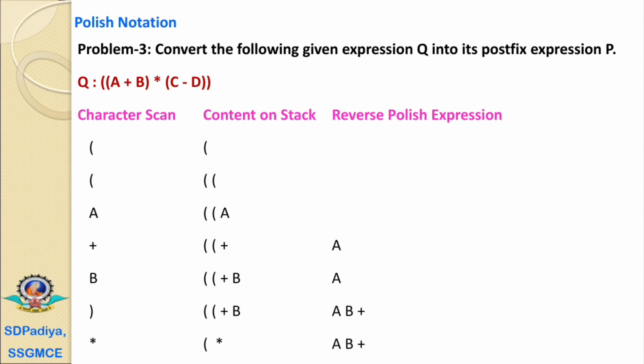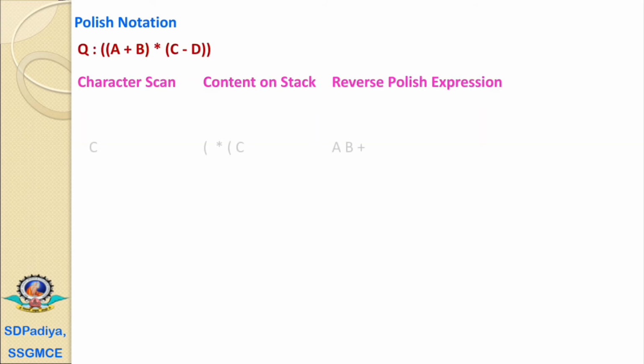Next we have scanned the multiplication symbol, it is an operator, that's why we push it on the stack. Then we scanned the open parenthesis, that's why we have written it on the stack.